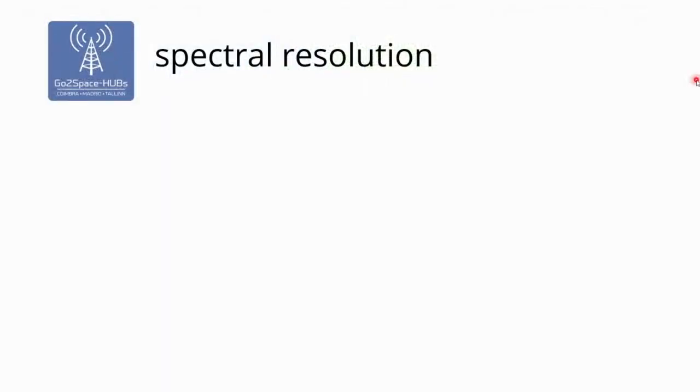Okay, the next thing, maybe not as popular, not as intuitive, but also very important, is spectral resolution. There we talked about spatial resolution, like how small or big objects we can see.